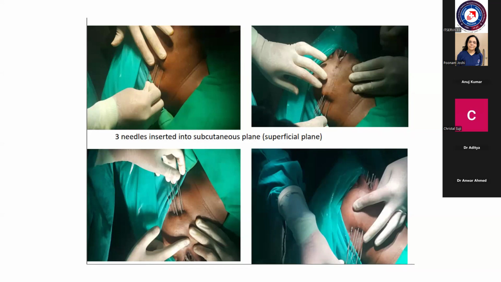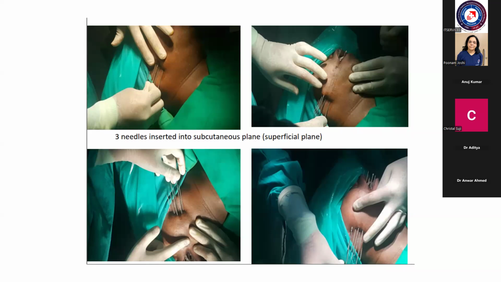So in head and neck cancers, depending upon the location, mostly we do 2 plane implants, and mostly about 6 to 8 needles are usually required for a case of cancer of the lip or buccal mucosa.